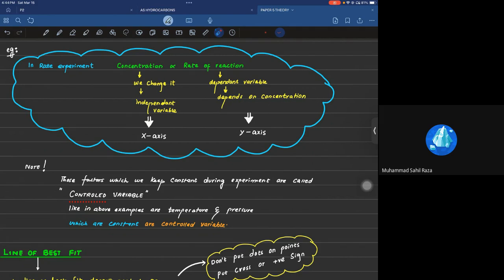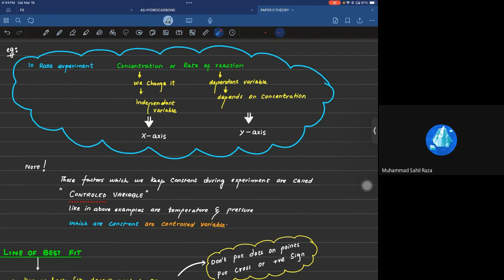So the rest of the factors should remain constant. The rest of the factors are pressure, temperature, and surface area. Because if you change all the factors, how can you study the effect of concentration on the rate?